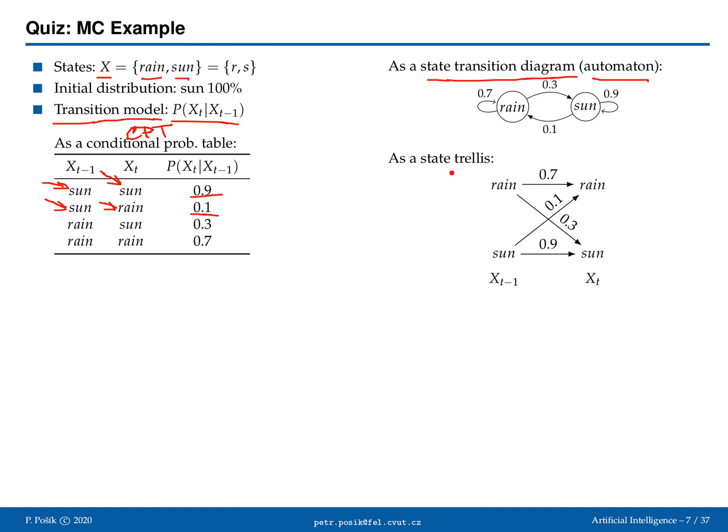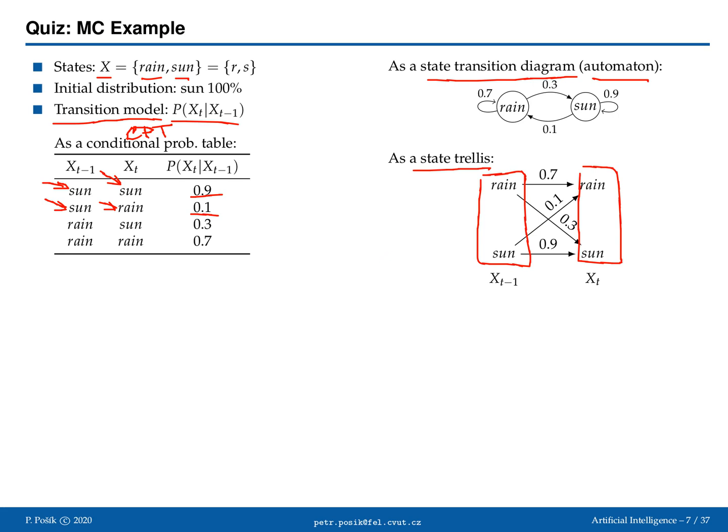Or you can specify the same thing as the state trellis, as it is called. You can see, for yesterday's possible values of the weather, the probability of transition to the values of the weather for today. All these three things are equivalent in that they hold the same information.